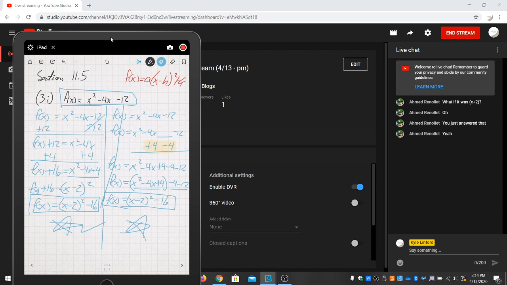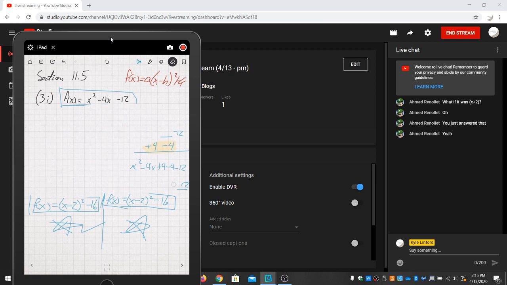So, what did we do here? Well, all that we did was we rewrote this particular function. So let me go ahead and clear some space here, and let's work with this function, and let's see what information it tells us. So we said in vertex form, the function is x minus 2 squared minus 16.